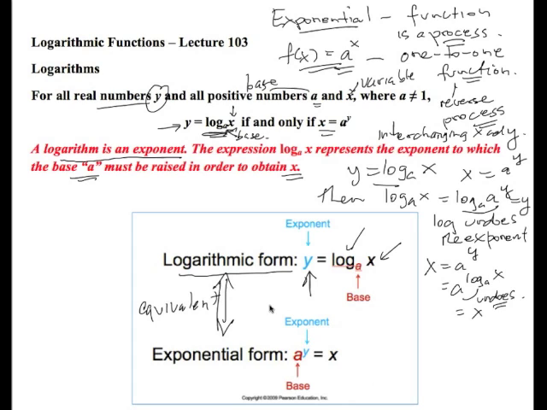So notice that these are exactly the same thing, except that they are written in either logarithmic form or exponential form. So let's have a look at some examples of actually determining that relationship between the two.